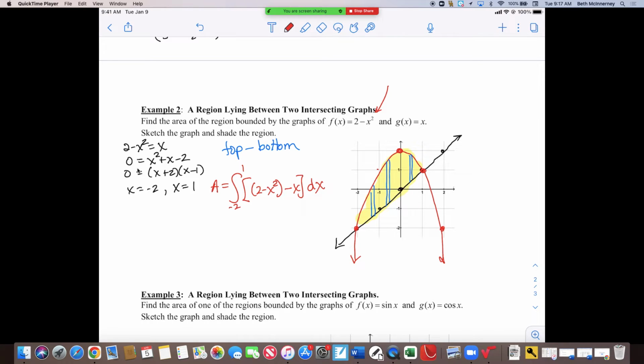The integral, negative 2 to 1, 2 minus x squared minus x dx. Okay, do we get that? Thumbs up? Got it? All right, so I'm going to pause again. You're going to get some fractions. It's going to be okay. So let me give you a couple minutes head start and see if you can finish this one and get all the way to the end.